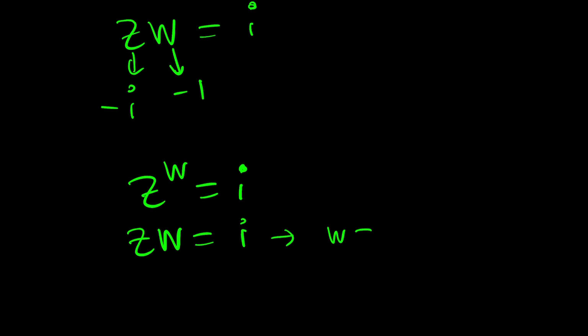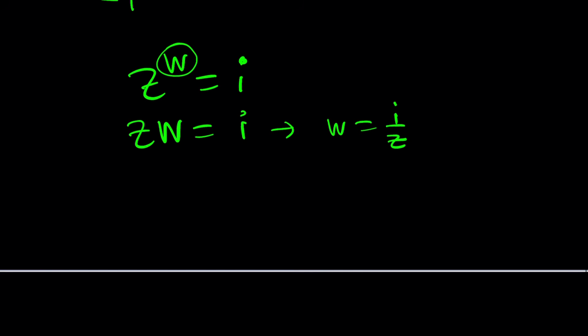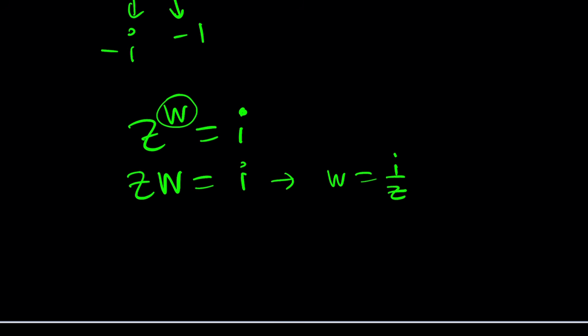You can bring it over here and write it as z to the power i over z, and then you can proceed with that. Or you can isolate the z and write it as i over w, and then replace the z with that i over w to the power w, and you can definitely proceed with that. And let me know what you find by doing that.